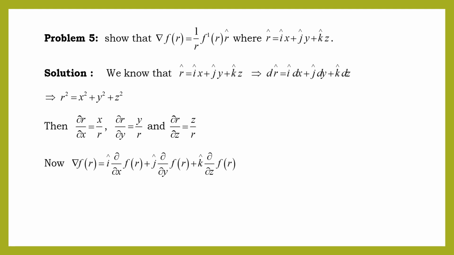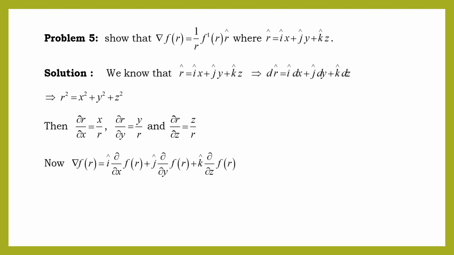From this, r is the square root of x squared plus y squared plus z squared. If we observe, r equals root over x squared plus y squared plus z squared, r squared is x squared plus y squared plus z squared, and f of r. All of these functions are scalar point functions. Now consider r squared equals x squared plus y squared plus z squared.